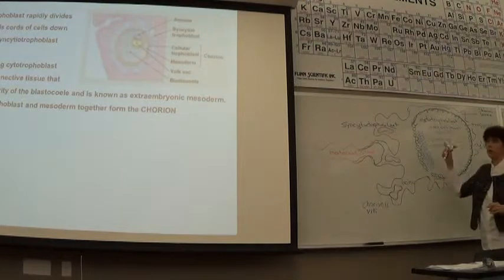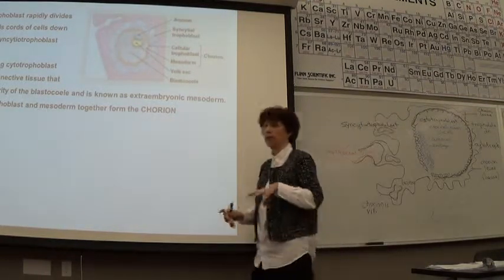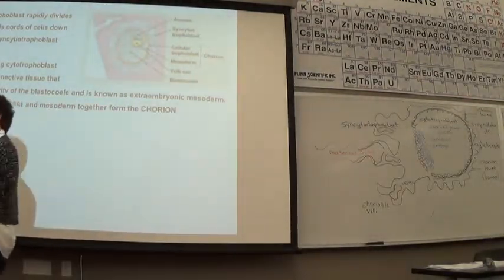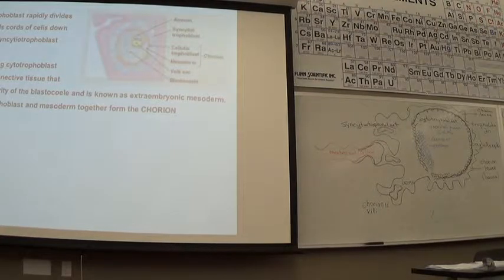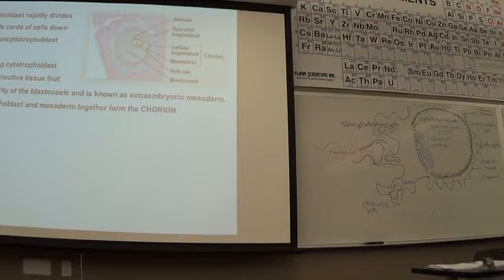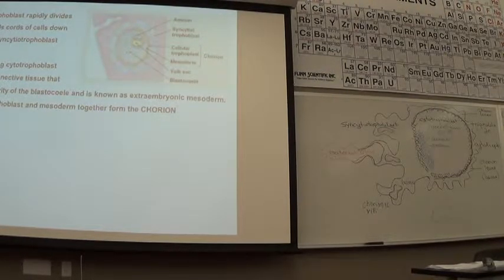So now the cytotrophoblast continues to multiply and add to the syncytial trophoblast, but it also starts to send down cytotrophoblast cells into those columns of syncytial trophoblast. And these cells now differentiate into connective tissue outside the embryo.